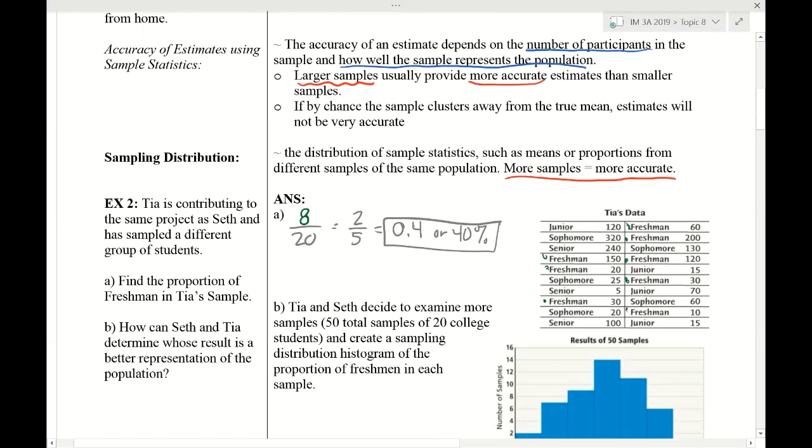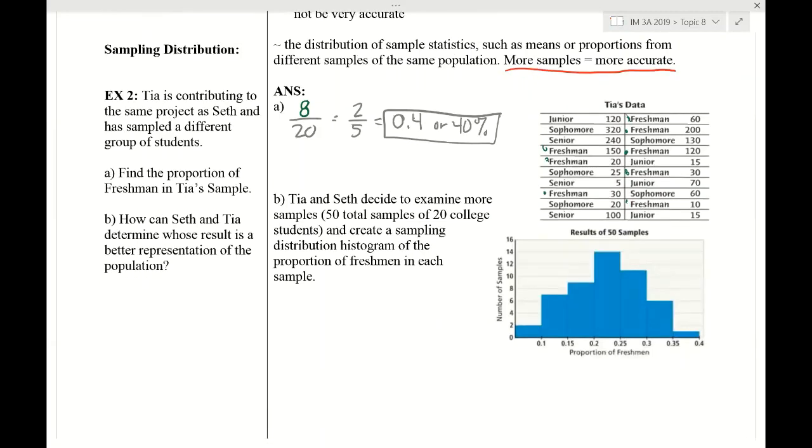So B is saying, how can Seth and Tia determine whose result is a better representation of the population? Ultimately, we're giving you the answer here because this is a new concept. So Tia and Seth decide to examine more samples, 50 total samples of 20 college students. So they take their 2 samples, right, and they do 48 more.